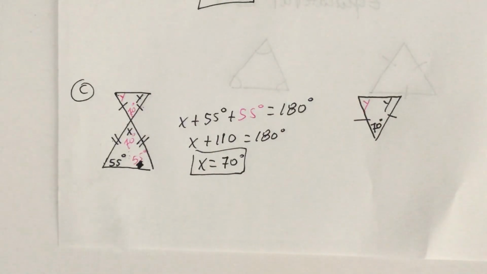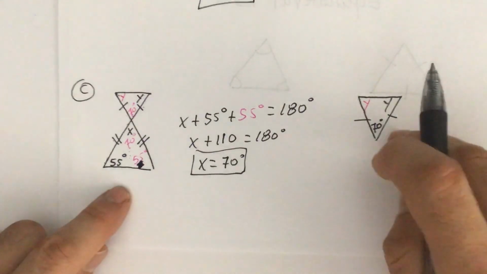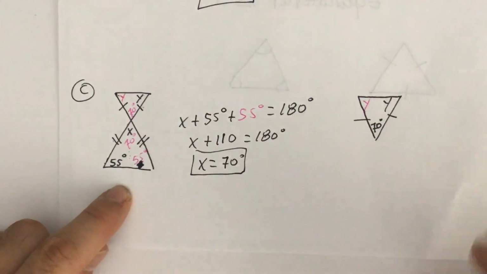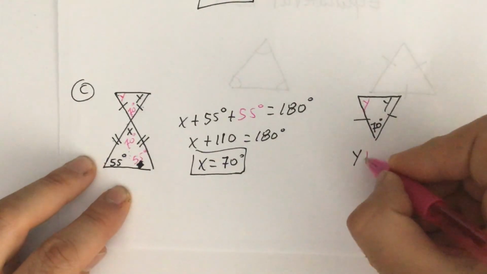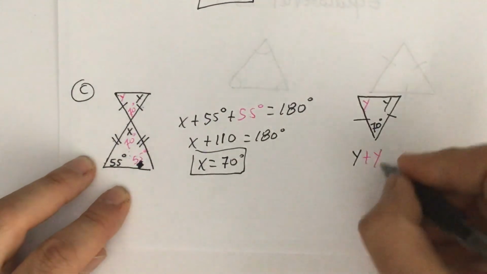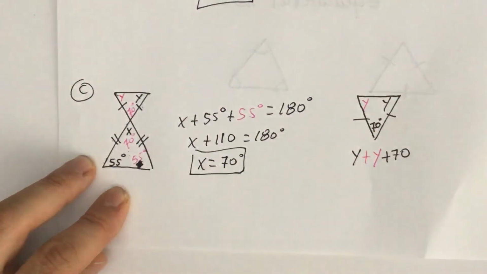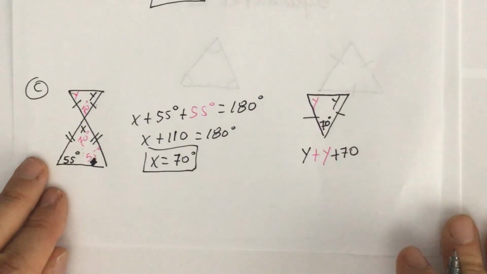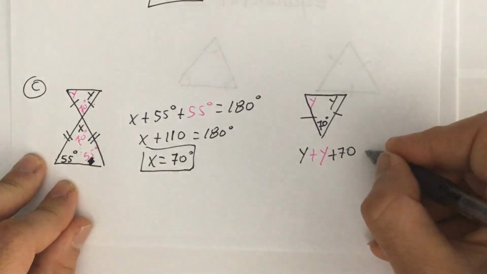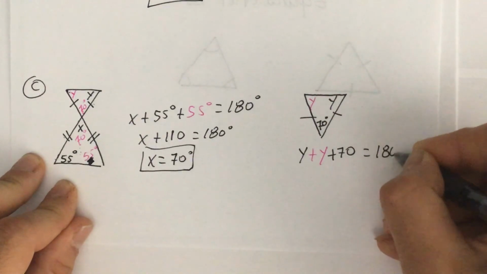And now I can write an equation with the y variables here. So y plus y plus 70, and let me move it up over here, right there, is equal to 180 degrees.